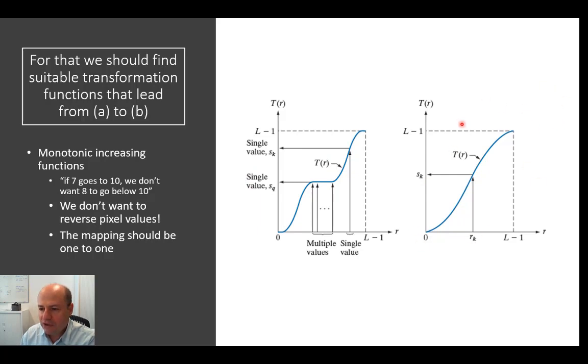We want a transformation function more or less of this shape. This is monotonically increasing, so you see we're not inverting pixel values. One pixel that's greater than Rk will always be mapped to an intensity value that's greater than Sk, and there are no multiple values for the same input.